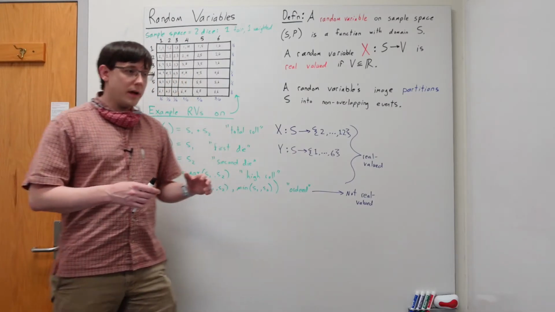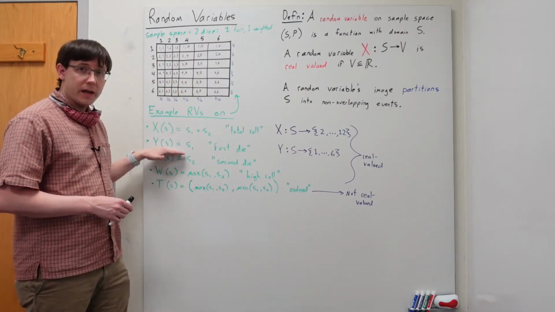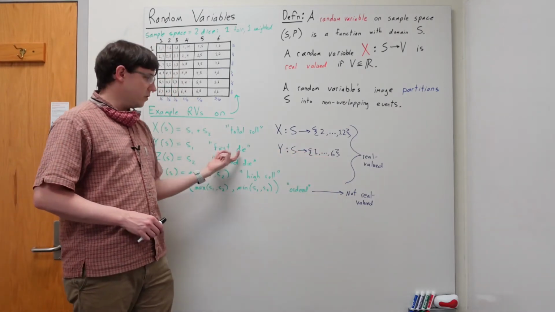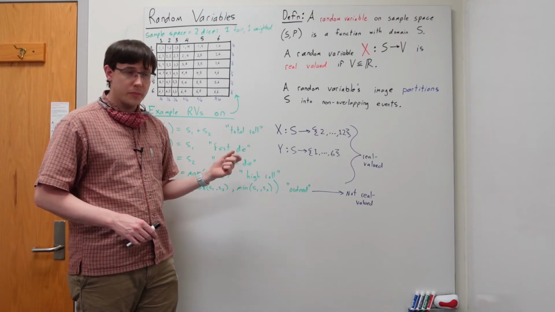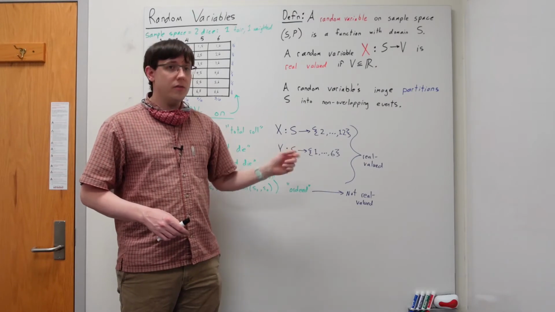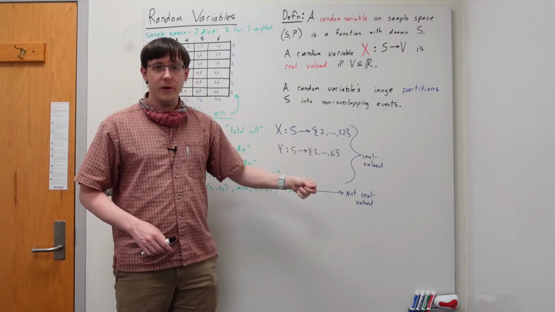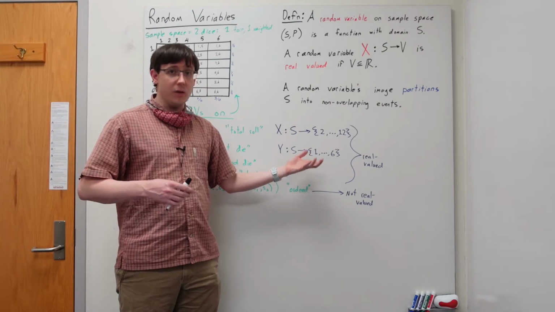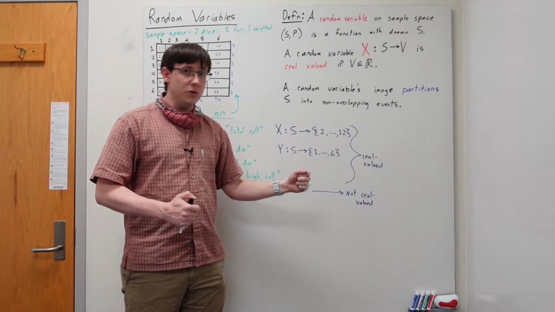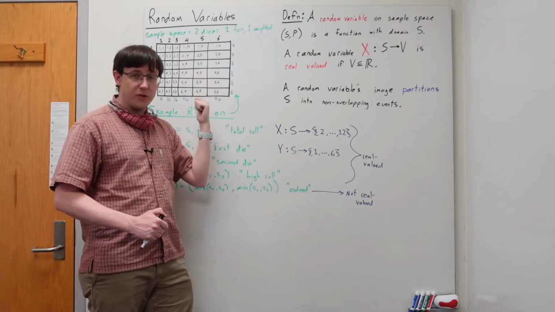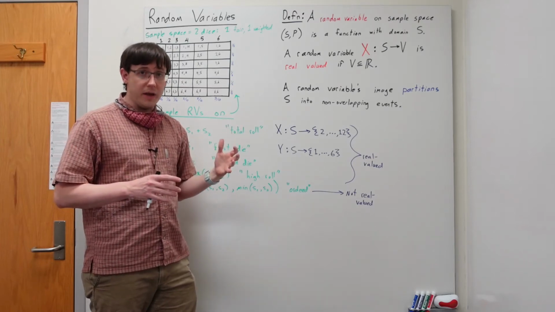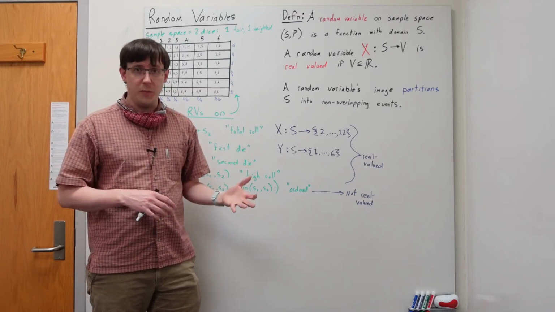So for example, our random variable y, where the value of the random variable corresponds to the roll of the first die, can take on the values 1 through 6, and so each of those values of the random variable having value 1 or having value 2 and so on, corresponds to an event in the sample space, and those events are non-overlapping and cover the entire sample space.